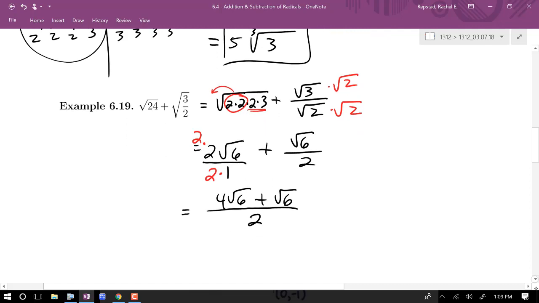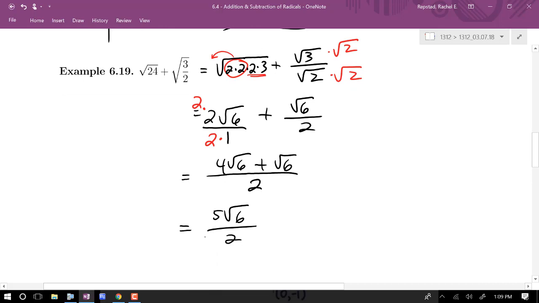Now I have like terms on top. What's 4 root 6 plus root 6? 5 root 6. You could write it like this, or you could write it as 5 halves root 6, where 5 halves is our coefficient in front. Either's fine.